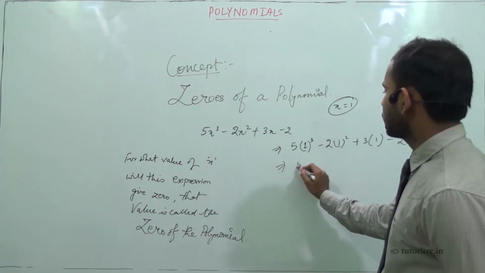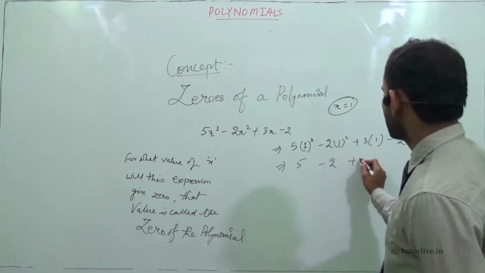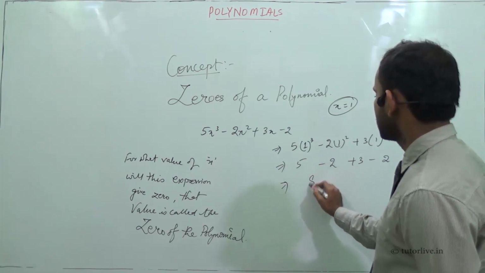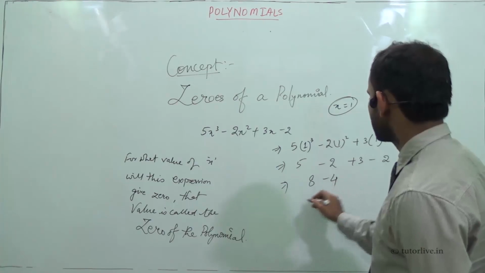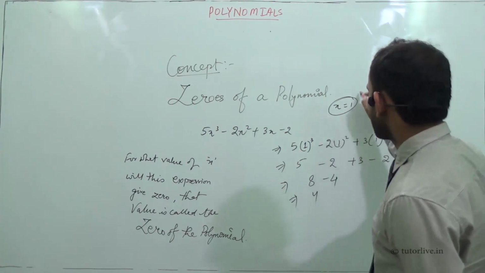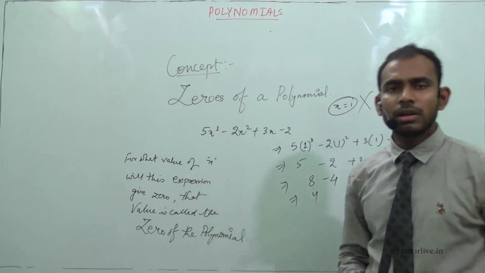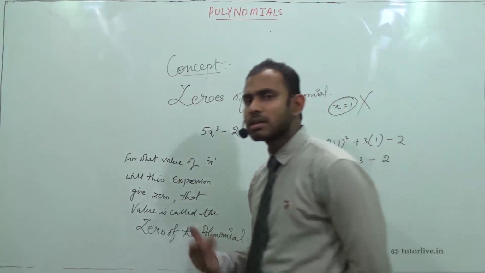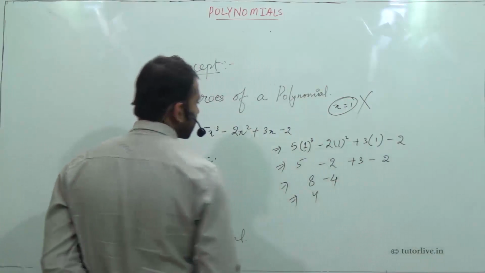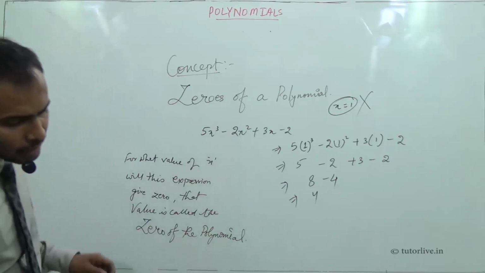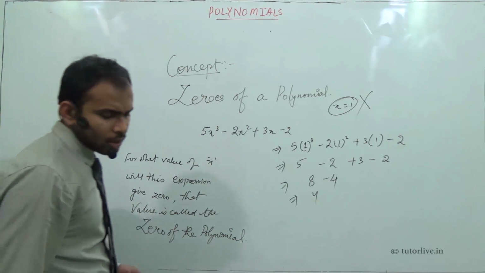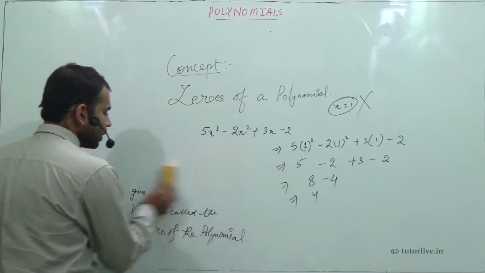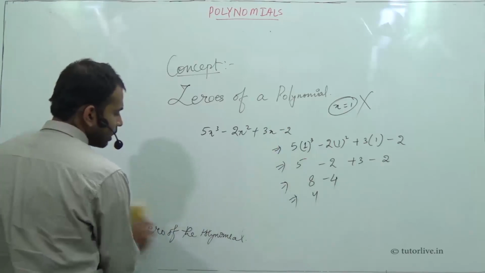So we have here 5 minus 2 plus 3 minus 2. 5 and 3 is 8, minus 2 and minus 2 is minus 4, so 4. Therefore, x is equal to 1 is not a zero of the polynomial. That is how we will find out whether any number is a zero of a polynomial or not. Now, we'll be doing many questions and seeing whether they are zeros of a polynomial or not. So this was not a zero of the polynomial.